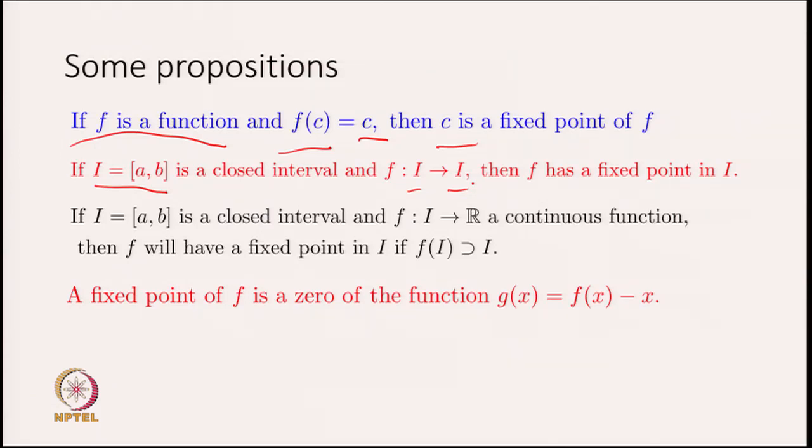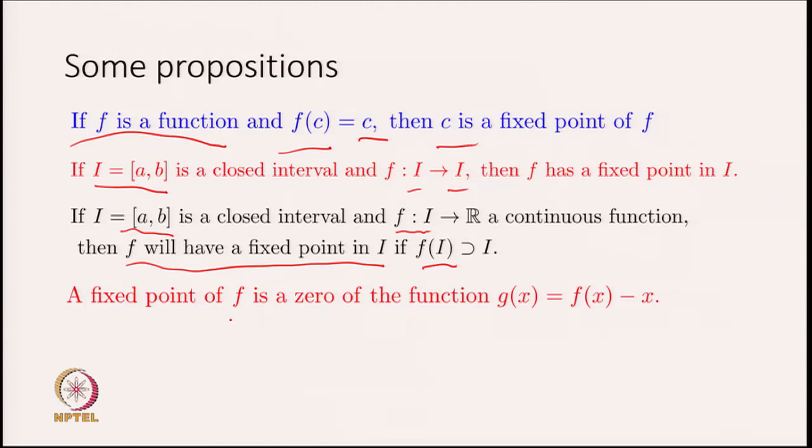Likewise, if I is the same closed interval and f is not mapping to itself, but is mapping to R, and f is a continuous function, then f will have a fixed point in I if f of I is a superset of I. So, if f of I contains I, then there is going to be a fixed point.